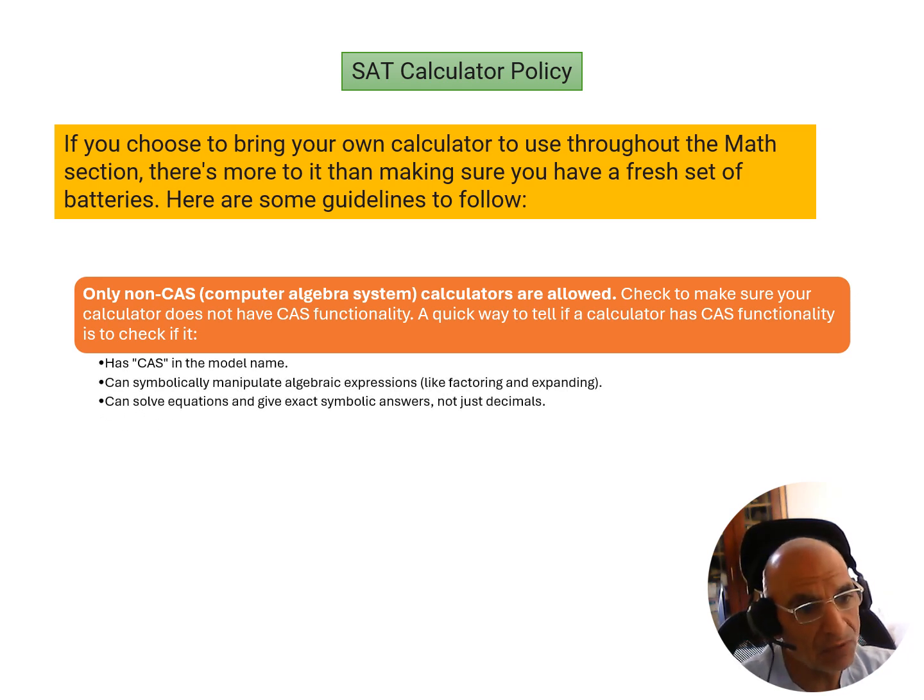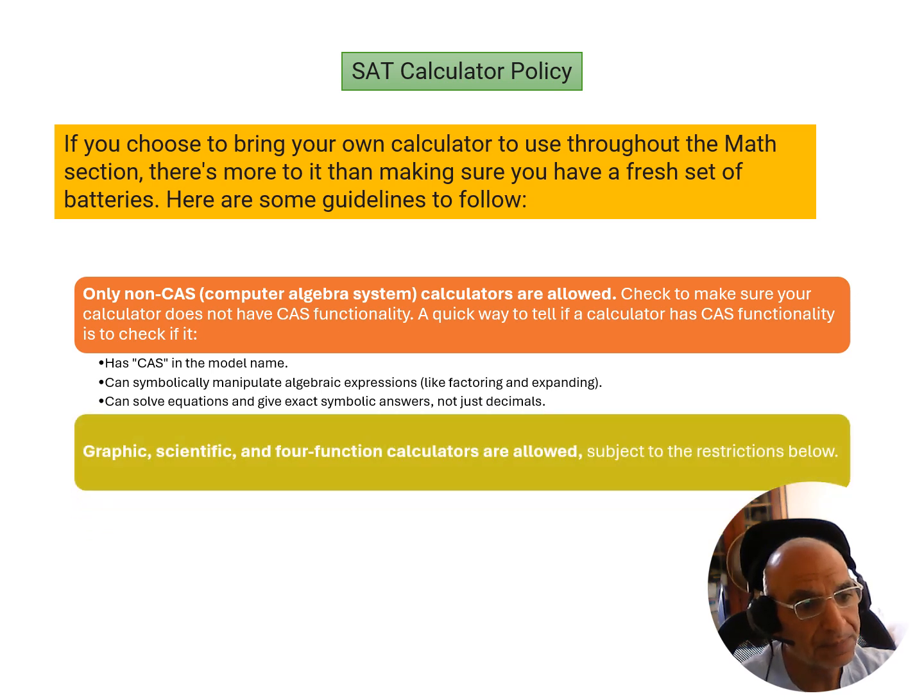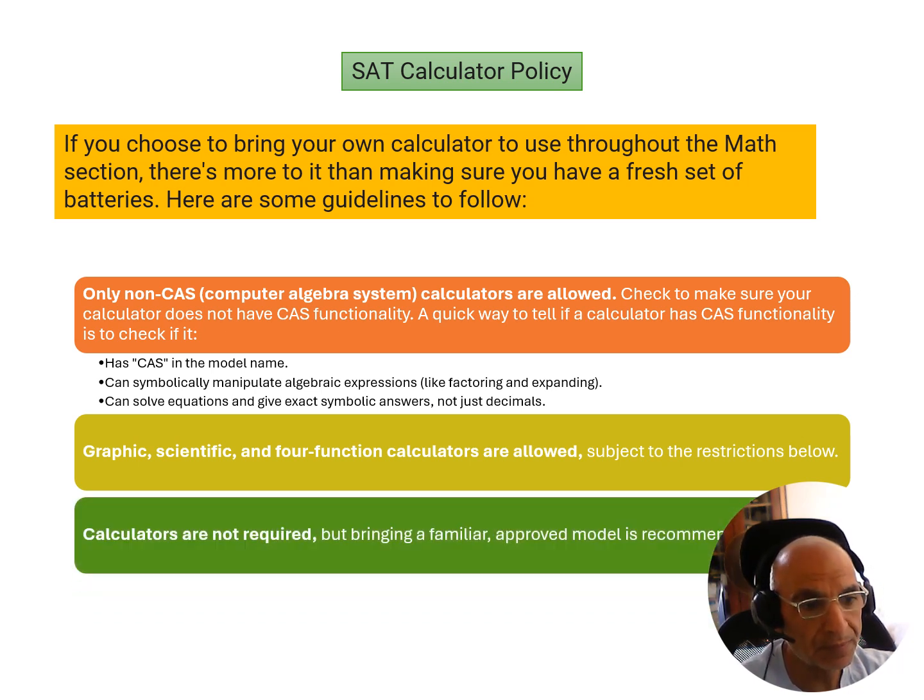This type of calculator is rejected when you go to the test with one of these calculators. But graphing calculators, scientific and four-function calculators are allowed, subject to the restrictions below. Calculators are not required, but being familiar with an approved model is recommended.